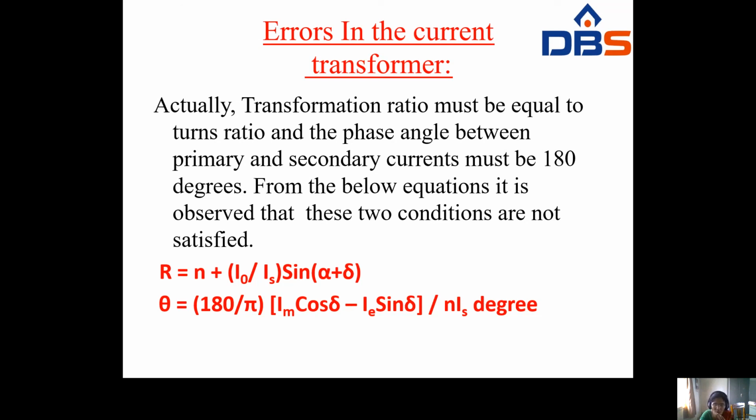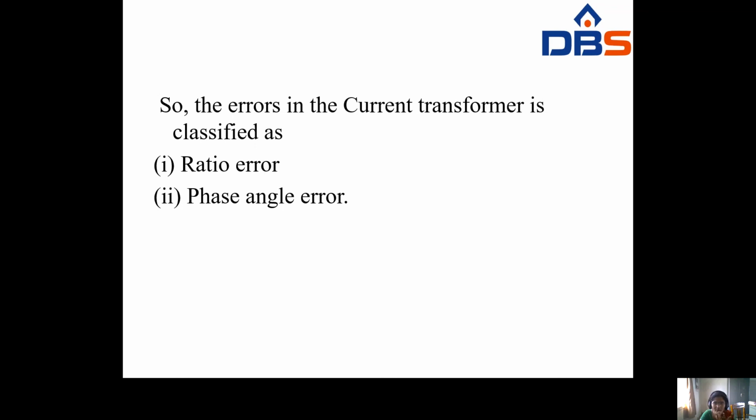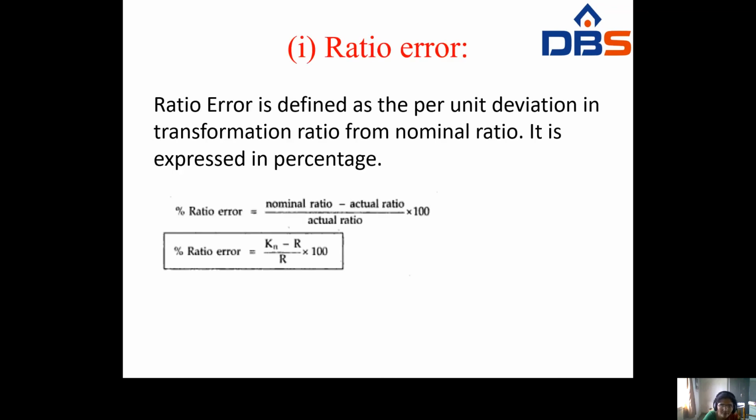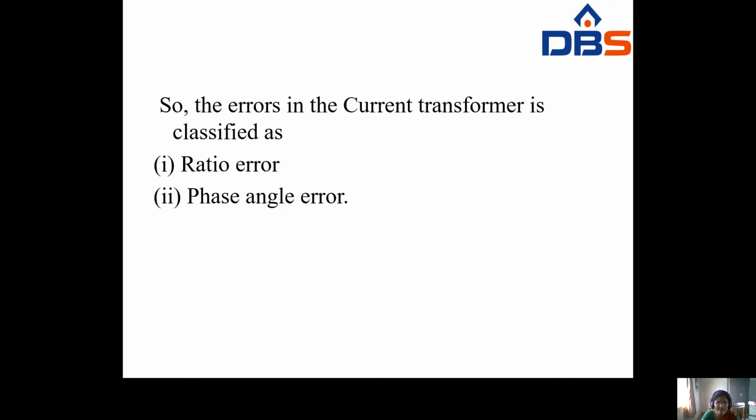So theta is equal to 180 by pi into Im cos theta minus IE sin theta by n into Is, in degrees. Now the errors in the current transformer are classified as ratio error and phase angle error. Okay, these are the two errors occurring in the current transformer.